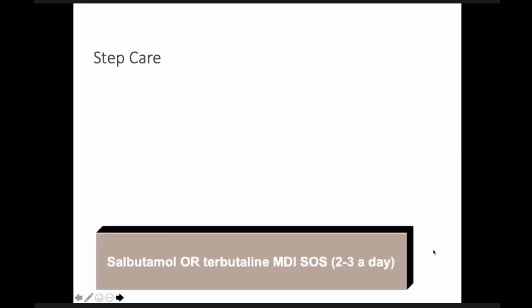To give an example of step care: very mild asthma, if they are getting very occasional symptoms, not daily symptoms, we try to use a bronchodilator like salbutamol or terbutaline as SOS. SOS means whenever you need it, not on a regular basis. Another term that is used is PRN or SOS basis.